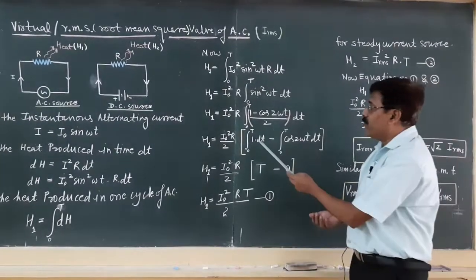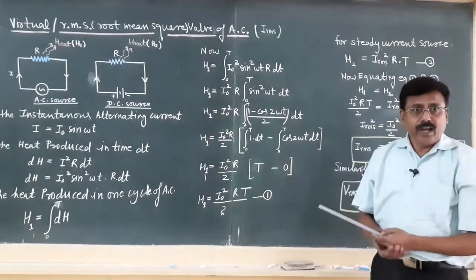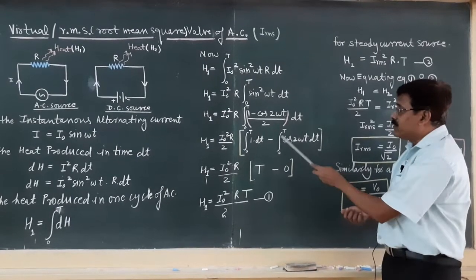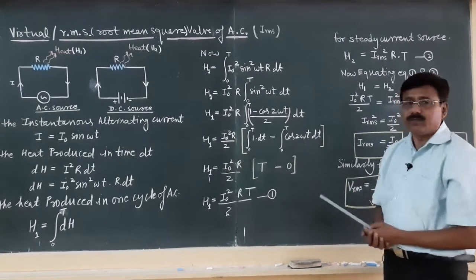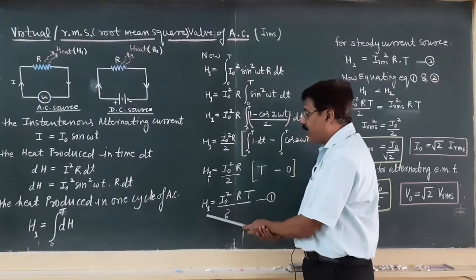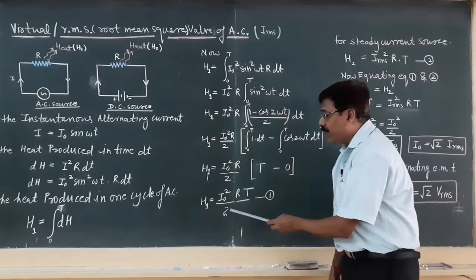When you integrate the first term, its integrated value will be capital T, and when you integrate cos 2 omega t with respect to time, its value becomes 0. So finally, we have the expression H1 equal to I0 square R T by 2.